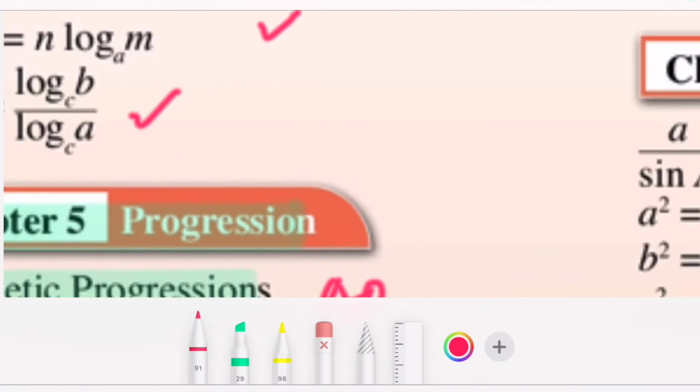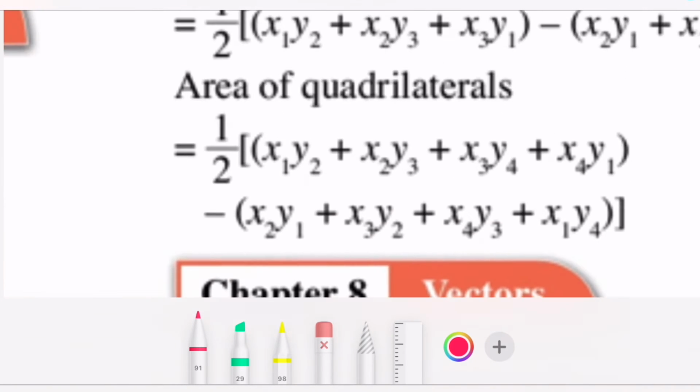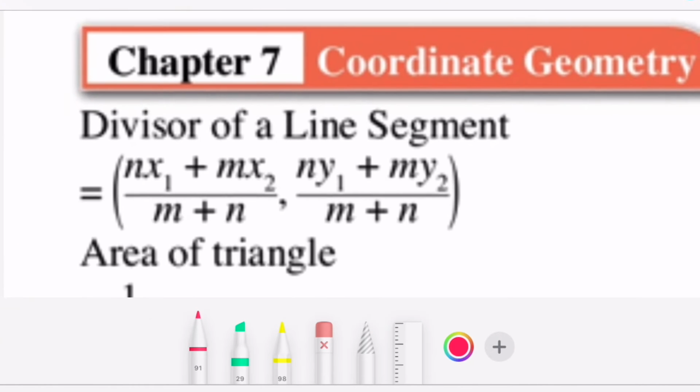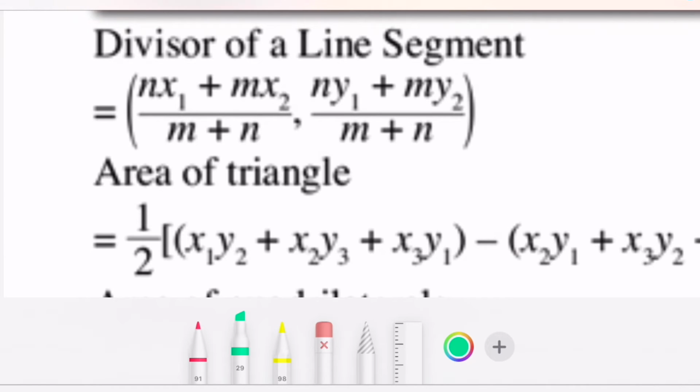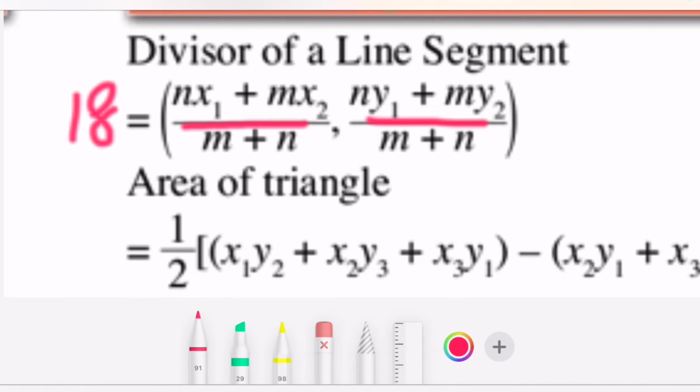The next topic is chapter 7. For chapter 7, we have coordinate geometry. Divisor of the line segment, we also call the ratio theorem. In order to find the point for the divisor of a line segment, you can use this formula, number 18: nx1 plus mx2 over m plus n, and then ny1 plus my2 over m plus n.